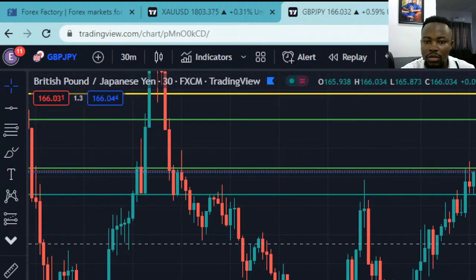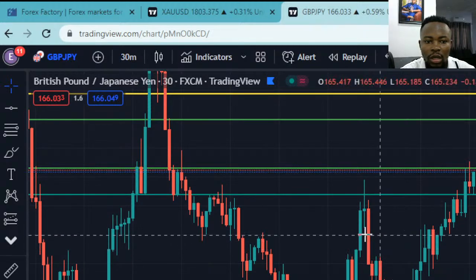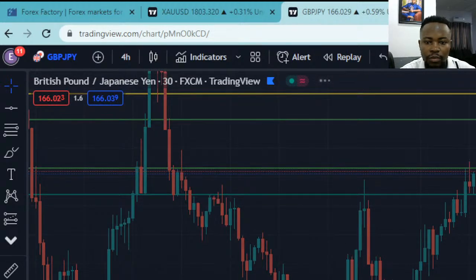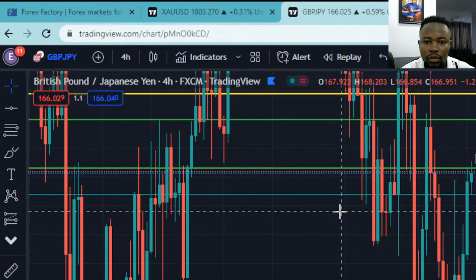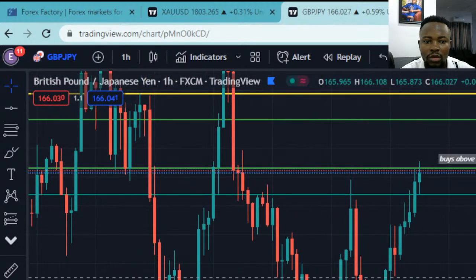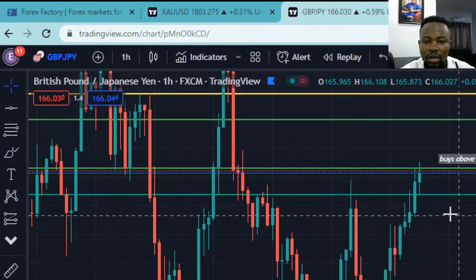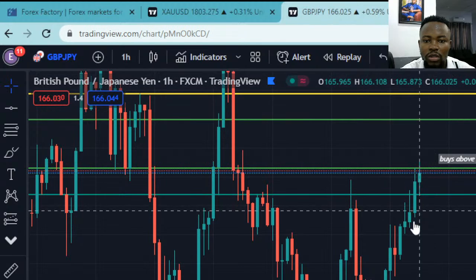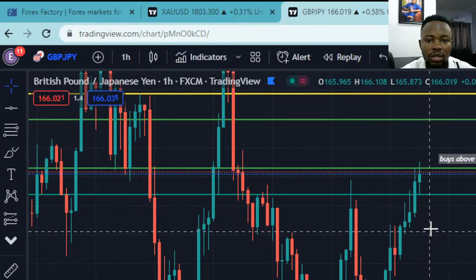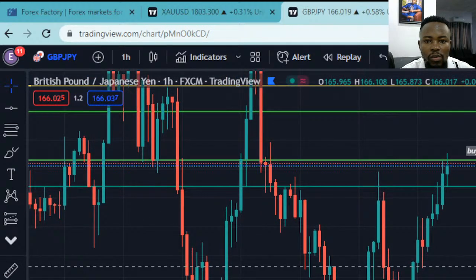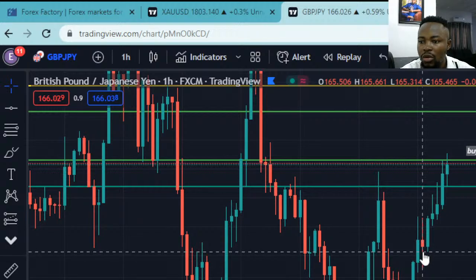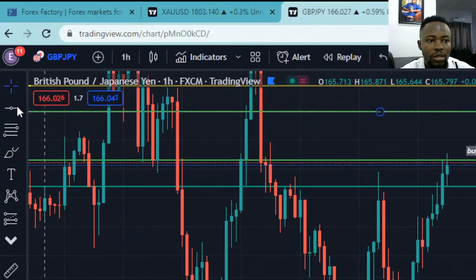For sales on pound yen, it's really very tricky at this point. But I think if we close back inside this range, we might have ourselves coming down towards 165,400.